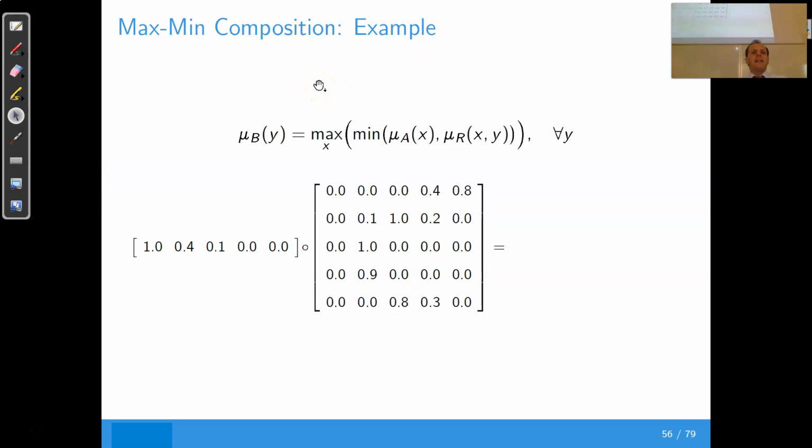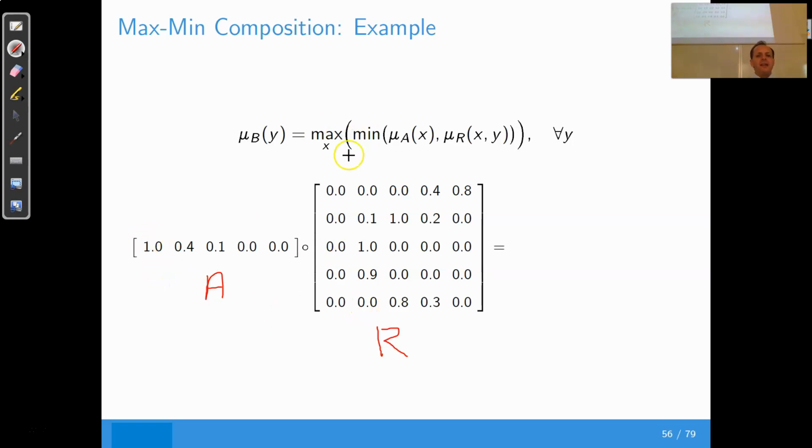Let's see how we can perform this. For the exam you don't need to solve this kind of operation, but if you want to compute the composition of a relation, just to help you understand the operation. This is the case of A multiplied by the relation R. As you can see here, we have the fuzzy set A and the relation, which is a two-dimensional space, so it is represented by a matrix.